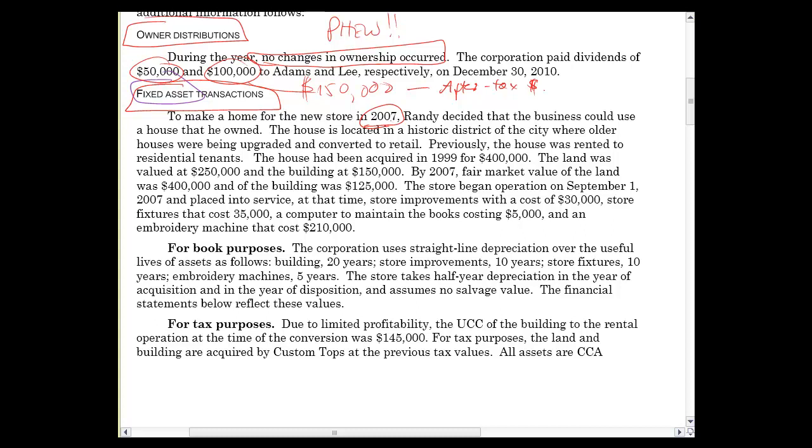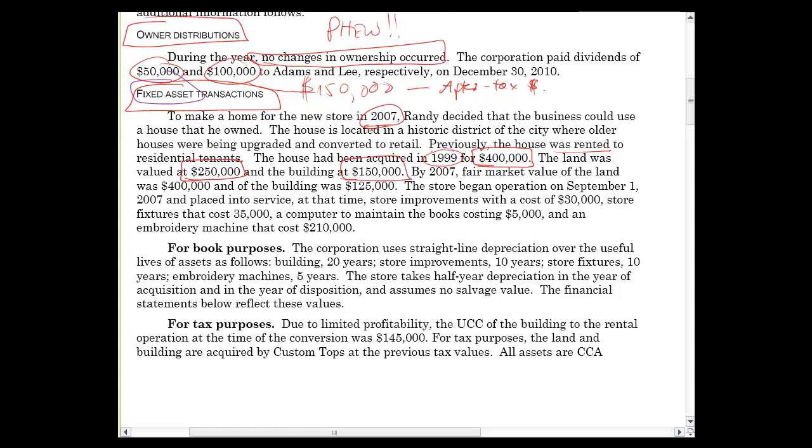So this is one of the owners who owns a house and says, my business, which I own 1/3 of, could use it. So the house had been acquired at a cost of $400,000, when the land was $250,000 and the building was $150,000.